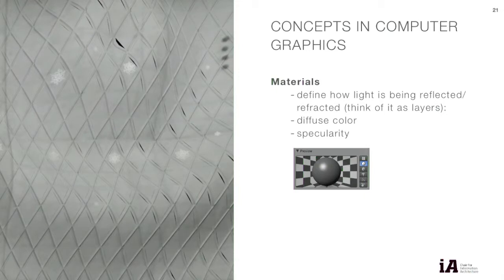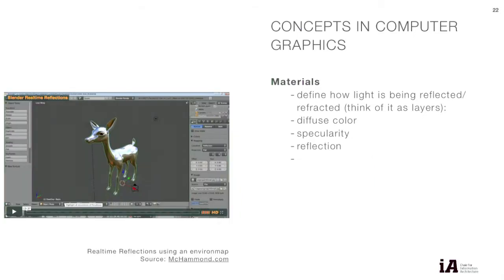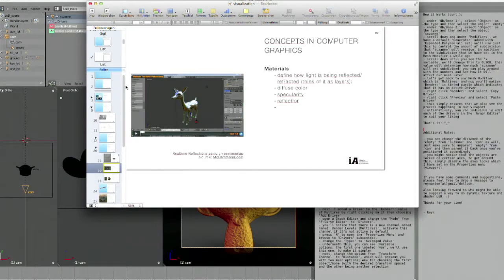So that's this white point you see in the material window. Reflection is something different. You can also have it on the graphics card already. And I can show you also a quick demo on that.